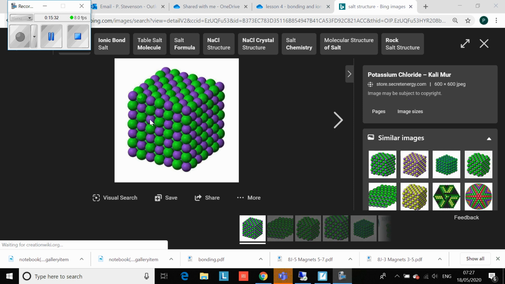Okay, now hopefully what you noticed was it was a sort of cube structure like this. Okay, now this is how sodium chloride bonds together. You've got the sodium, the purple, and the chlorine or chloride ions. And what happens is because the sodium is positive and the chlorine is negative, they stick together like glue in this regular structure, giving you cubed crystals.